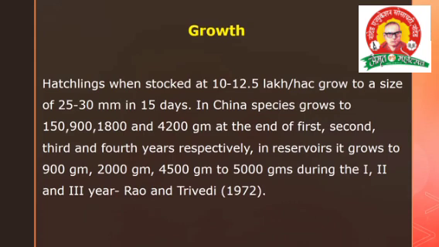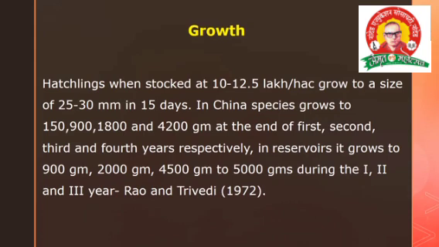But in our India, in reservoirs, it grows 900 grams, 2000 grams, 4500 grams and 5000 grams, as found by the scientists Rao and Trivedi in 1972. If we compare, in the reservoir in the first year 900 grams means near about 1 kg.